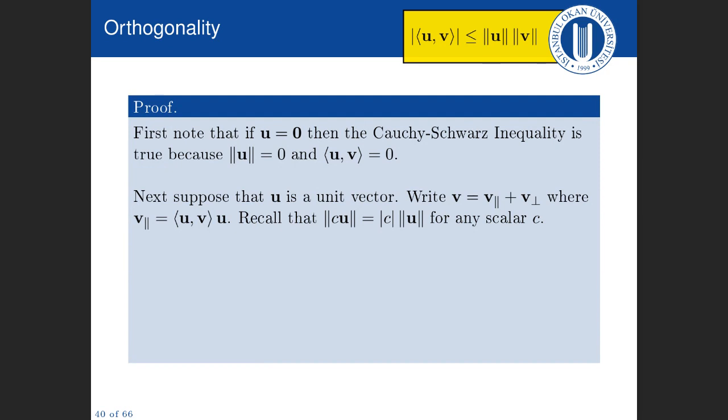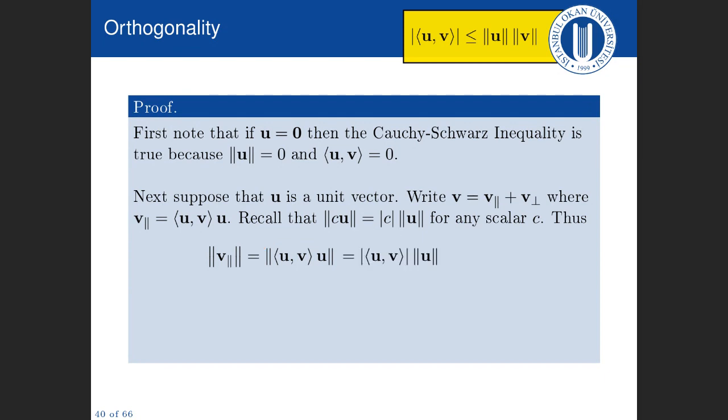Okay, so the norm of V parallel, that means the norm of the inner product of U and V multiplied by U. The inner product of U and V is just a number. If we have a number, we can take this outside of the norm as long as we put absolute values on it.